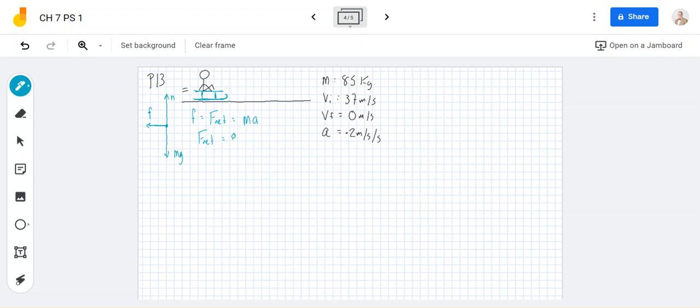The mass is 85 kilograms. The acceleration is 2. So the stopping force has to be 170 newtons. Now, it's negative because it's pointing left, and that's in there, so I'm okay with that. So that's the force.